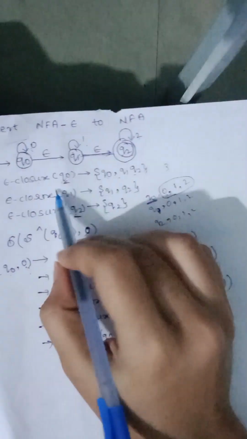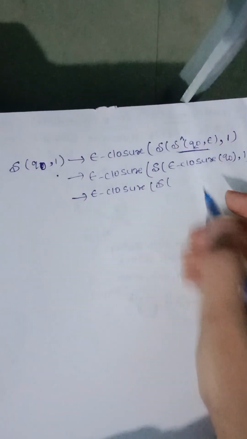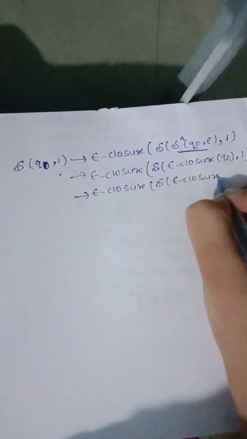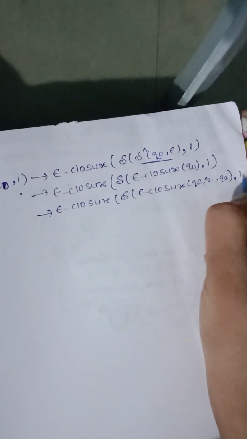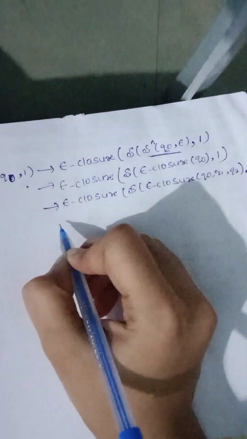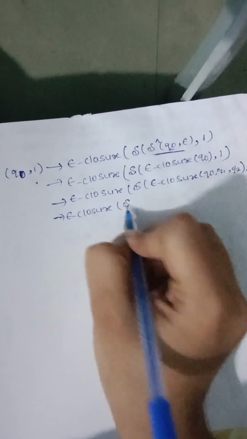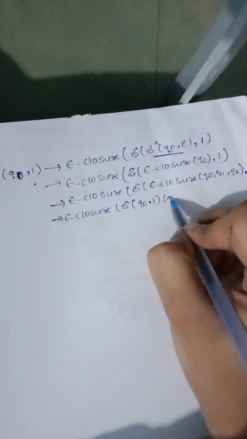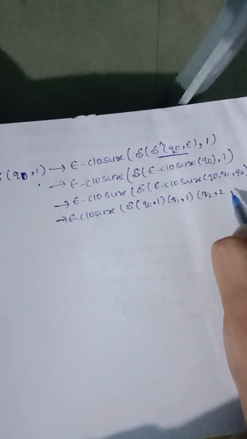It is Q naught, Q1, Q2. So epsilon closure of Q naught, Q1, Q2 comma 1. Now epsilon closure of delta of Q naught comma 1, Q1 comma 1, Q2 comma 1.